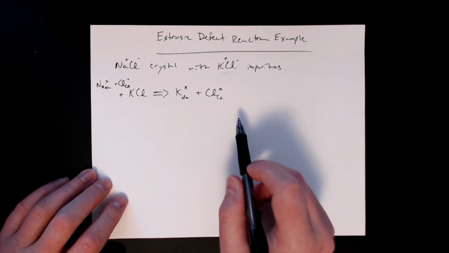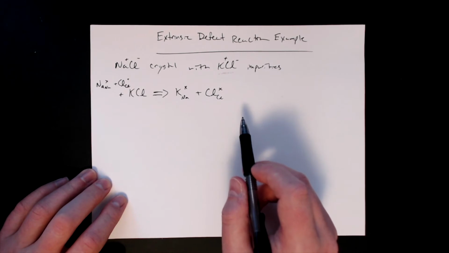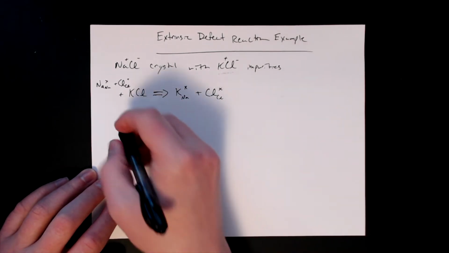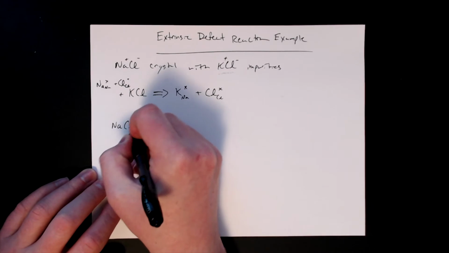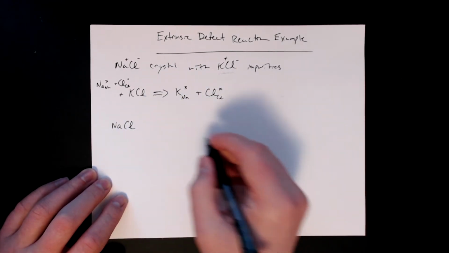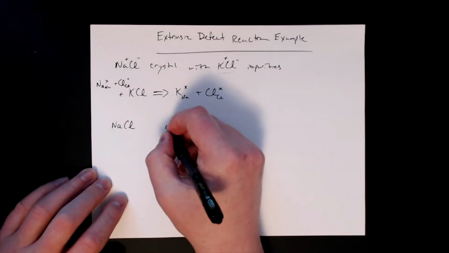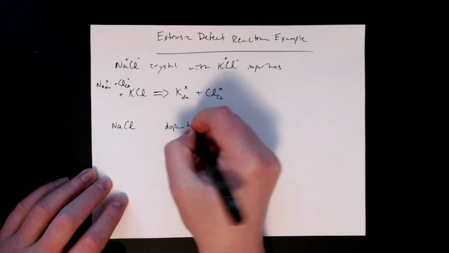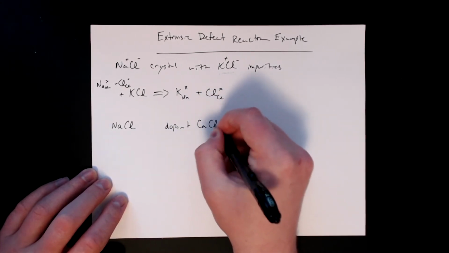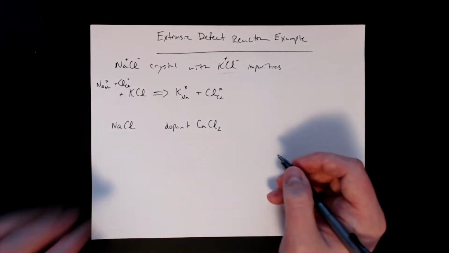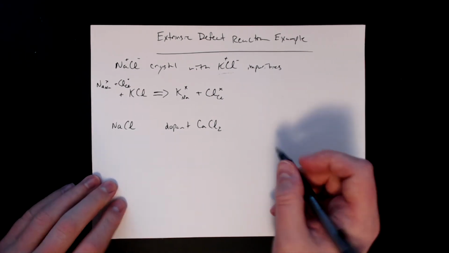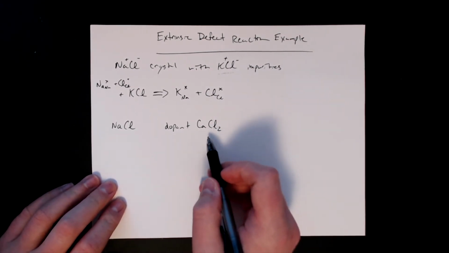Now, however, let's look at a different dopant. So we're going to look at the same crystal, sodium chloride, but the dopant this time is going to be CaCl2, so calcium chloride. So just like before, right, cations for cations, anions for anions.